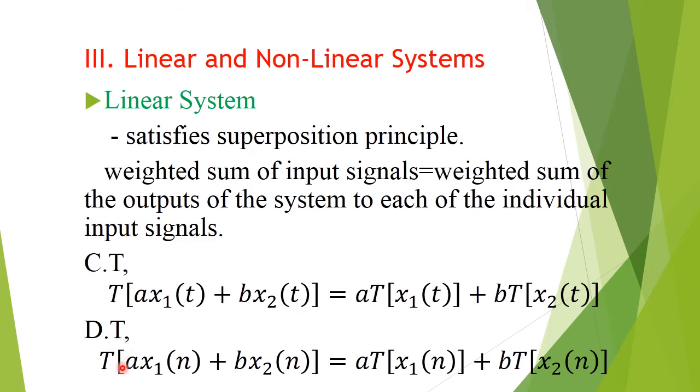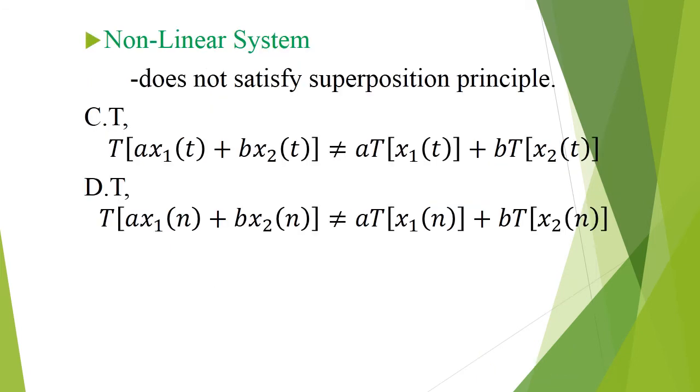For the discrete time case, T of a into x1 of n plus b into x2 of n is equal to a into T of x1 of n plus b into T of x2 of n. If a system does not satisfy the superposition principle, then it is called a nonlinear system. So this is not equal to the RHS.